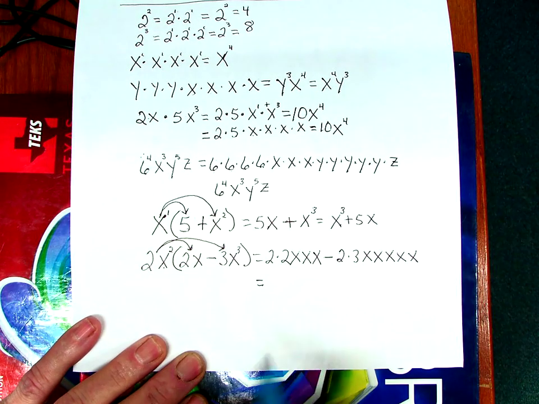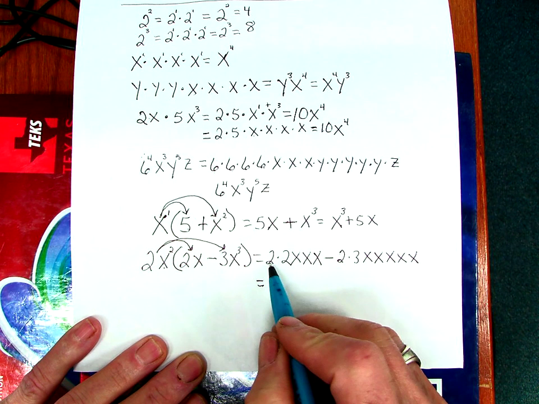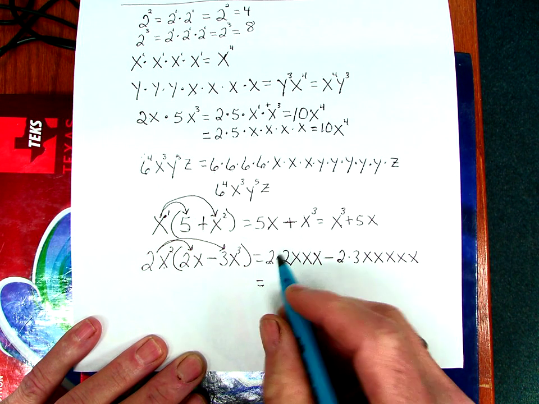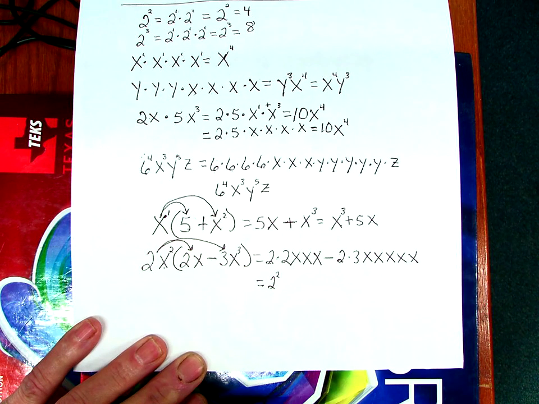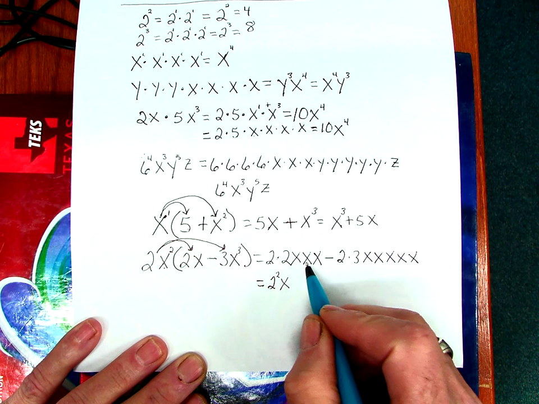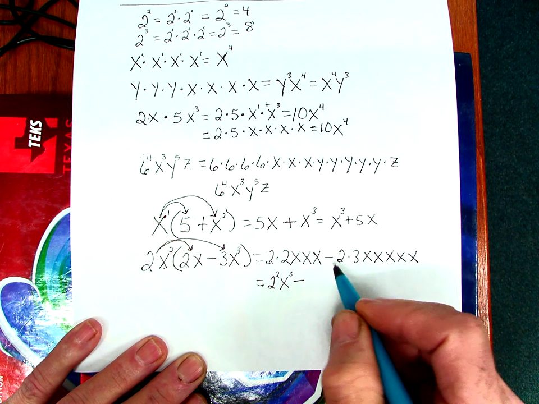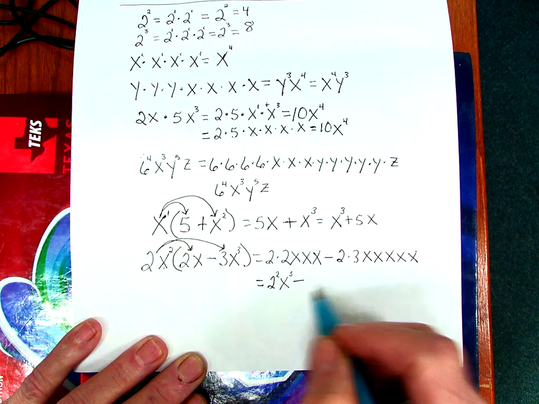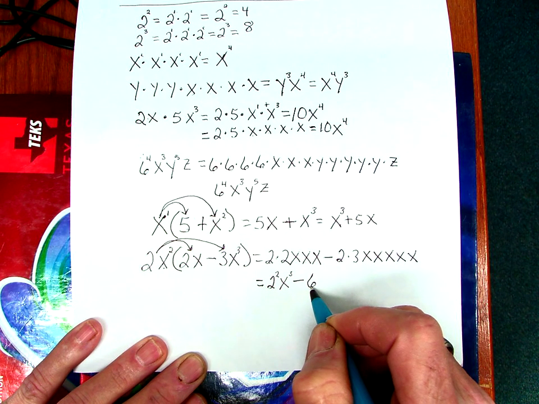Now for the last step, we're going to condense this, simplify it. I've got 2 times 2. That's 2 to the second power. And I've got x's next, and there's 1, 2, 3 of them. Now my minus sign, 2 times 3. All you can do is just complete that multiplication.